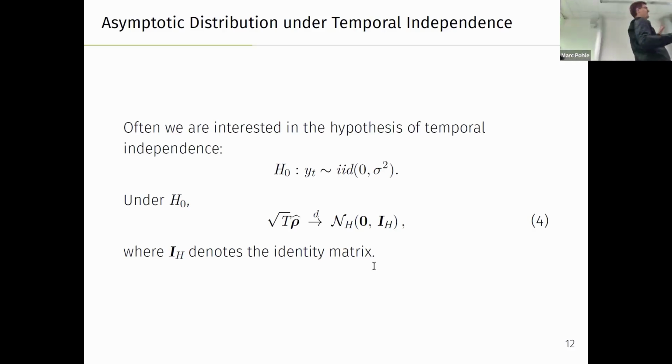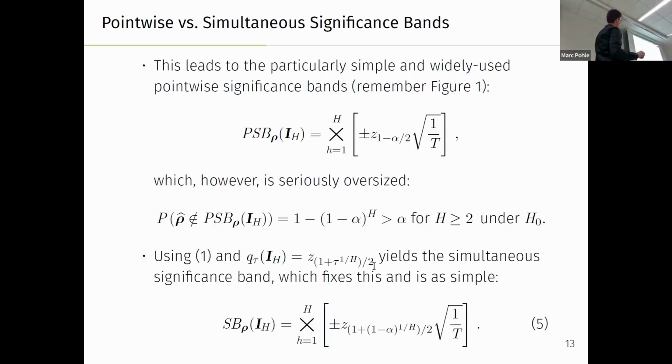That's a nice thing. That's the nice structure of the pointwise bands that I showed you, that come as a standard choice with this plot. That's why people like them, because you have the ones here for the variances, from this identity matrix result.